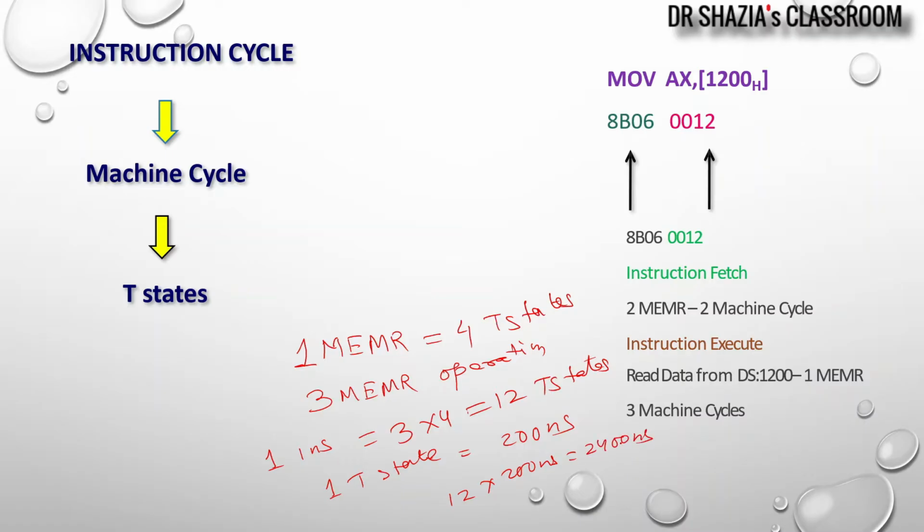So MOV AX, [1200H] will get executed in 2400 nanoseconds. So this will be the time required by the processor to execute the instruction MOV AX, [1200H].